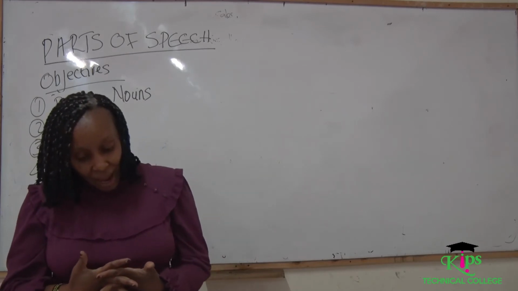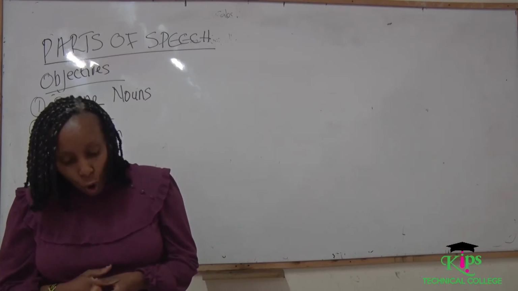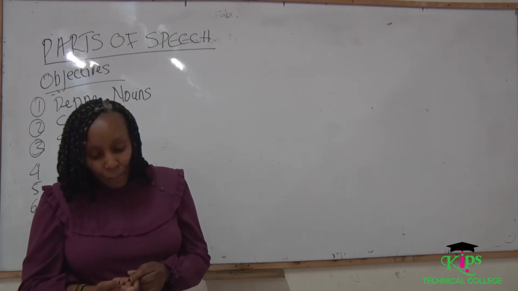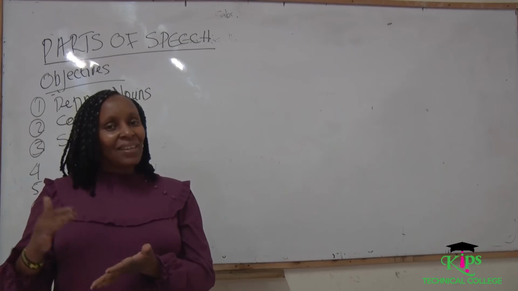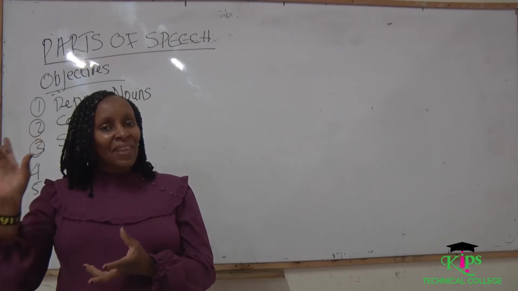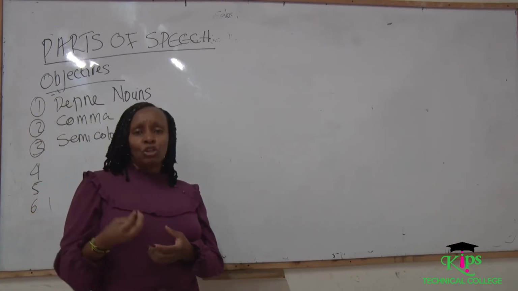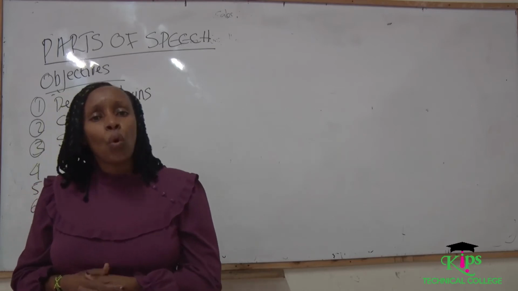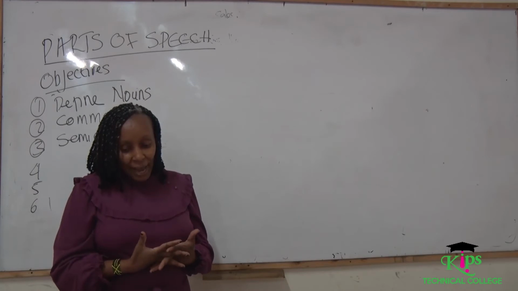We say verbs describe either actions or state of being. For example, she was walking, it describes an action that had happened. She is cooking. So that is what we define as a verb.